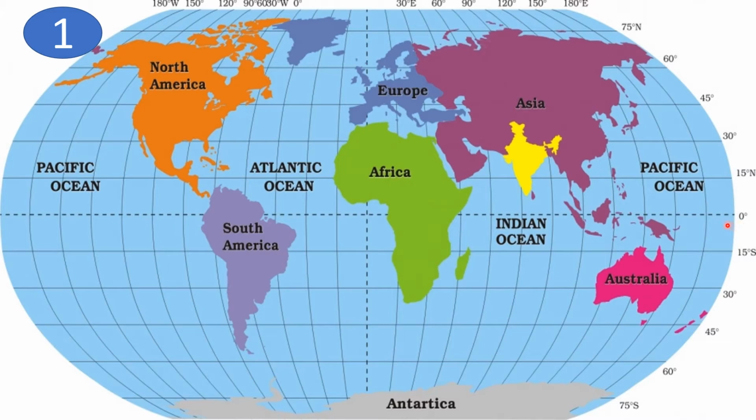The half above the equator is called the northern hemisphere and the half below it is called the southern hemisphere. Our country lies completely in the northern hemisphere. All these lines of latitudes and longitudes are imaginary lines which help us to find places or regions accurately.